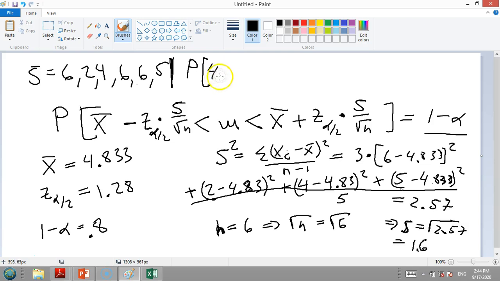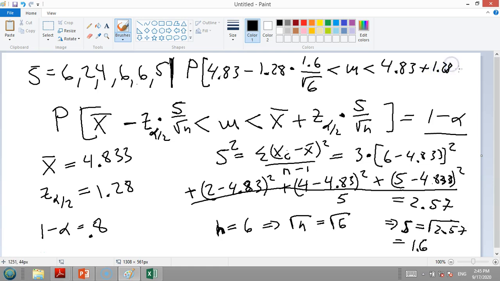It's 4.83 minus 1.28 times 1.6 divided by the square root of 6, less than mu, less than 4.83 plus that same thing, 1.28 times 1.6 over square root of 6. That equals 0.8, this probability.